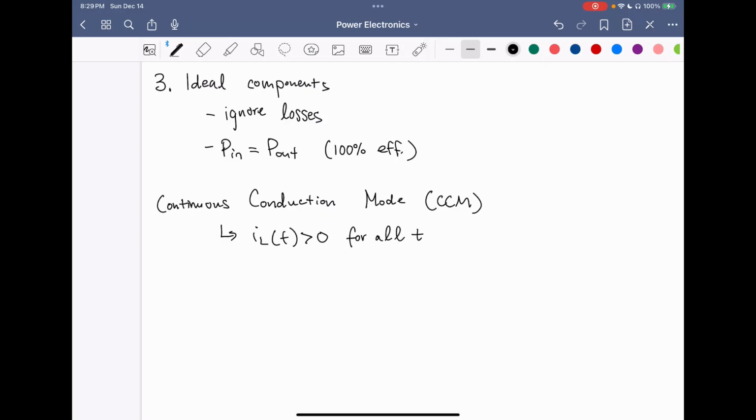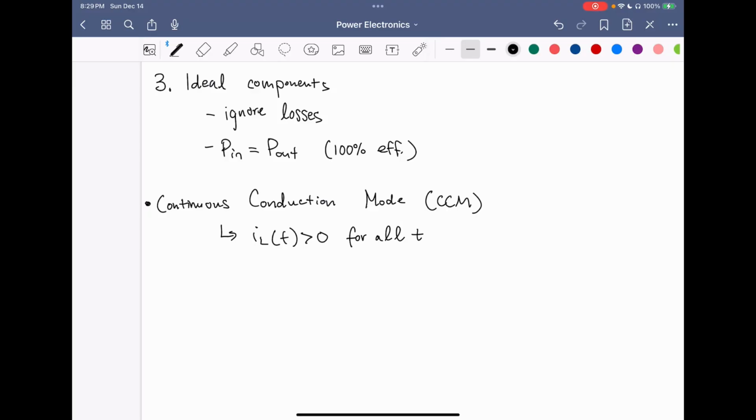This means that the inductor current never falls to zero. Later on, we will also analyze the buck converter in the discontinuous conduction mode, and in that case, the inductor current can fall to zero. But for now, we are assuming that the inductor current is always positive.